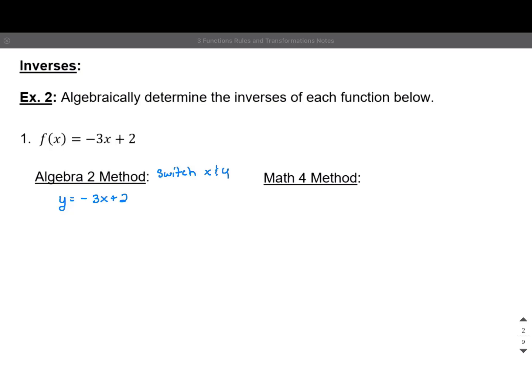And in Algebra 2, you learned that to find an inverse, you switch x and y. So to find the inverse, your y becomes x equals negative 3. Your x becomes y plus 2. And now you solve for y. So, okay, we're going to subtract the 2 from both sides.